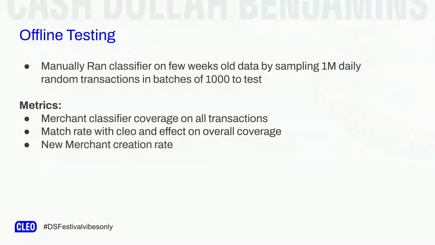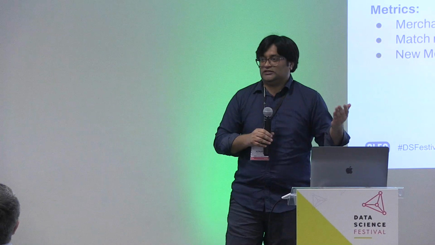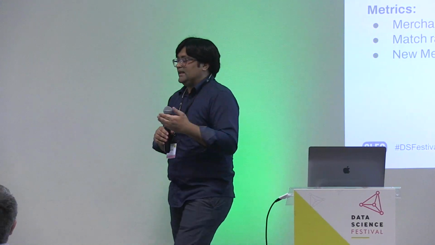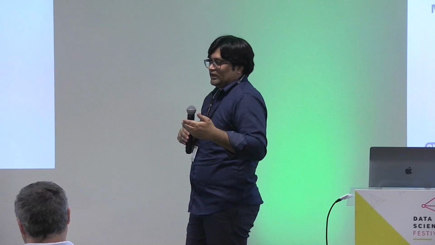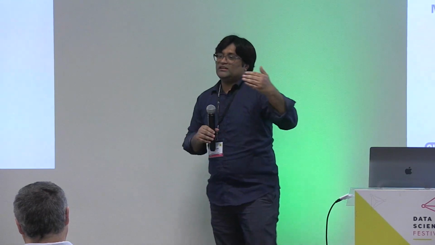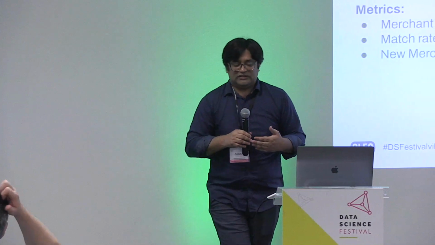This is important because when we try to match a potential merchant from a description to an existing merchant and don't find one, we tend to create it as a new merchant. So if there's less duplication in the DB, the merchant creation rate should go down, because we'll be matching more merchants and creating fewer new ones.